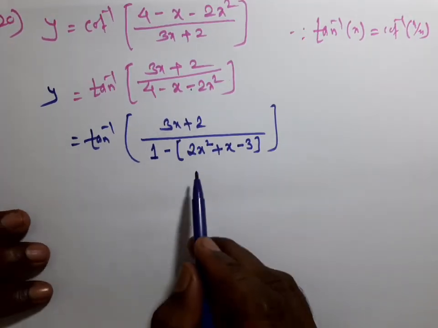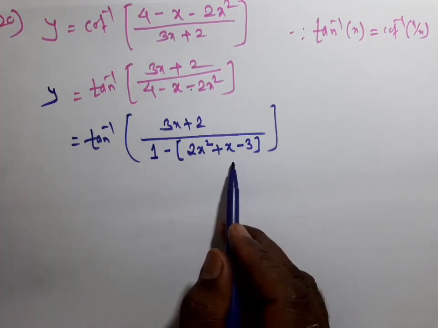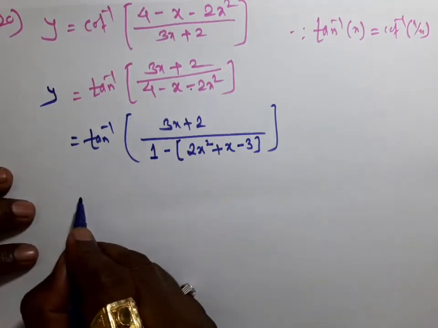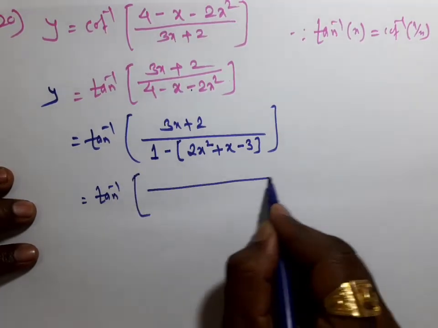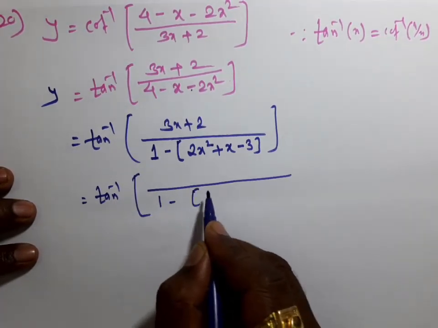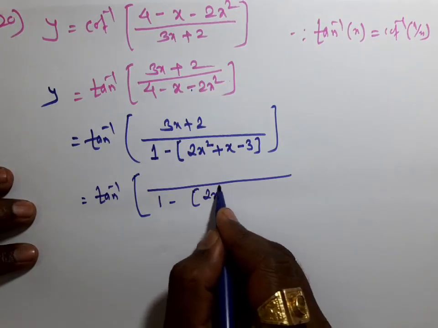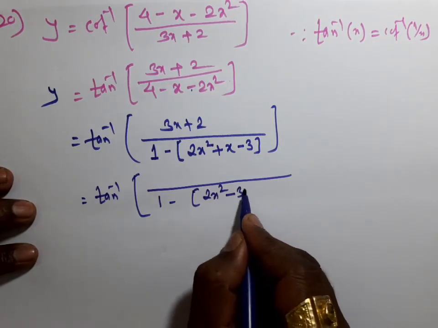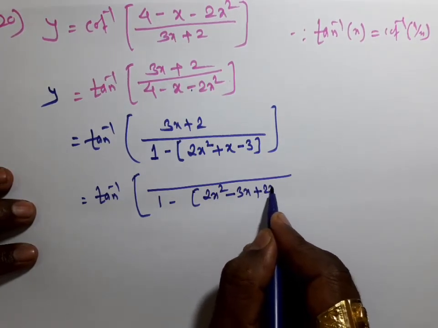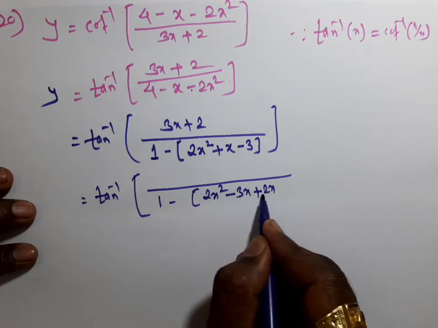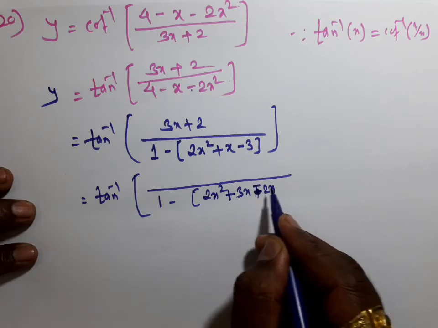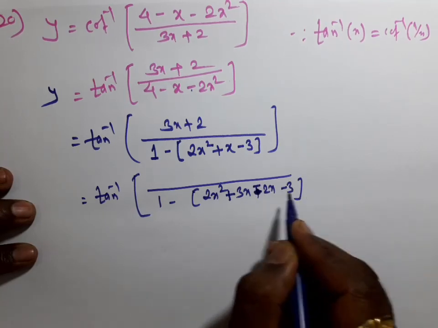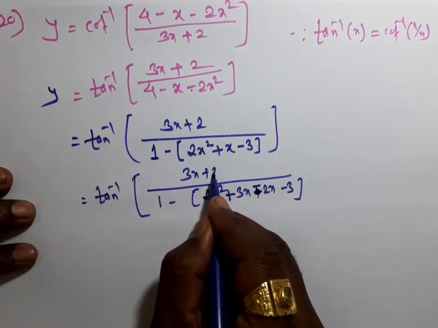Now I have to find the factors of these terms such that their addition will be 3x plus 2. It is a simple quadratic expression. 1 minus 2 threes are 6. So 3x plus 2x minus 3 twos are, it is plus sign, so plus 3x, and this is minus 2x minus 3x plus 2.